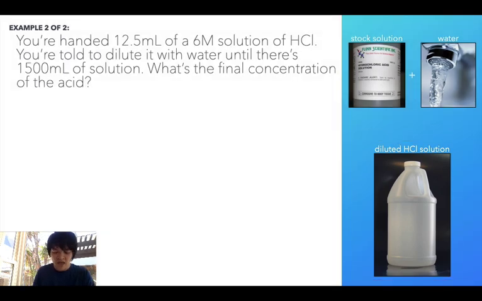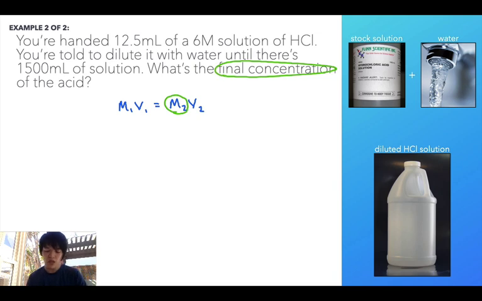We're going to start by writing down the dilution equation again. And in this problem, we're trying to solve for the final concentration. So the second molarity is what we're trying to solve for. What do we have here? I'm going to figure out what the rest of these numbers are going to be.